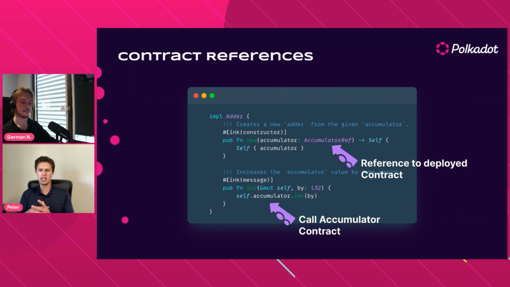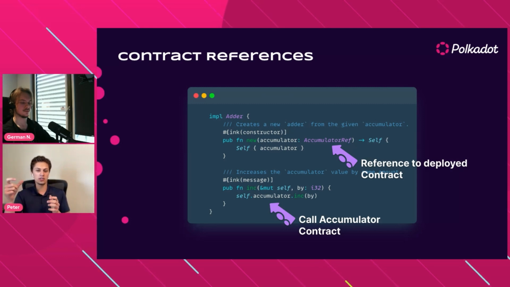This is the first and easiest to understand, where you actually have a reference to an already deployed contract. On that first arrow, the reference to the deployed contract, for our constructor, for our adder contract, we are supplying a reference to an accumulator contract that we will then use in the rest of the contract.